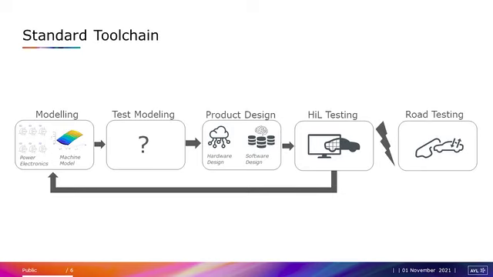The standard tool chain when it comes to HIL testing starts with modeling electric machines and power electronics. Then we need some way to test these models, which is not really defined how we do that. And then we can start focusing on our product design, which we discussed earlier. And after that, we can finally proceed to HIL testing.